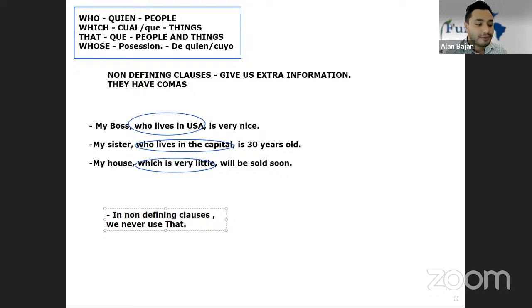Mi teléfono, que era un iPhone, era muy caro. But at the end, it makes sense if you mix both times, but be careful with the context. Mi teléfono, que era un iPhone, es muy caro. We can say that, depending on the context.